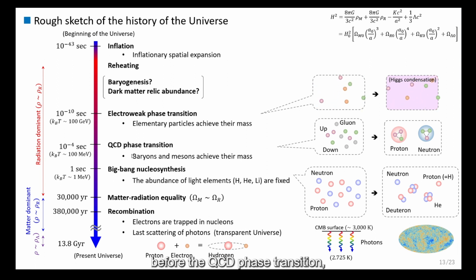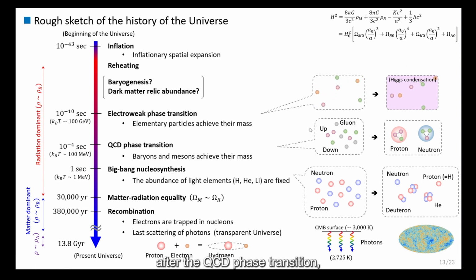Before this QCD phase transition, the quarks, the up and down, and the corresponding gluon, the gauge field, move freely, with almost massless motion.